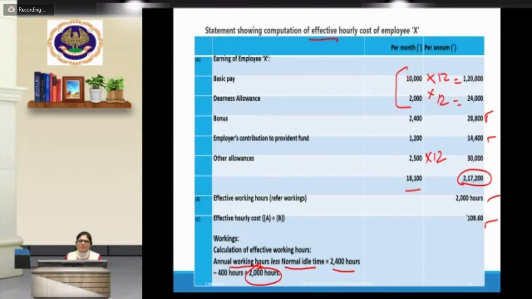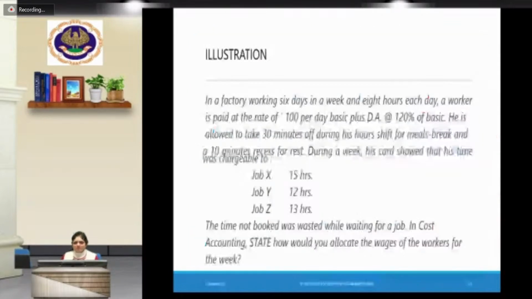Clear? The productive hours have actually covered the cost, not the idle time hours. I hope you have understood this. Abnormal idle time will go to the costing profit or loss account. Normal idle time will always be part of the production cost. Clear?